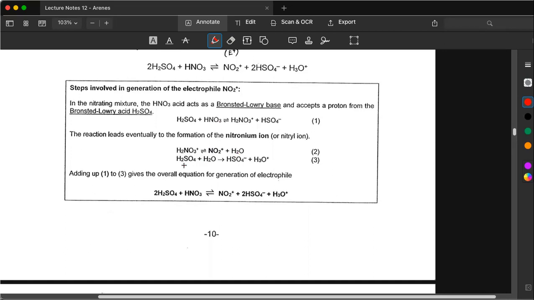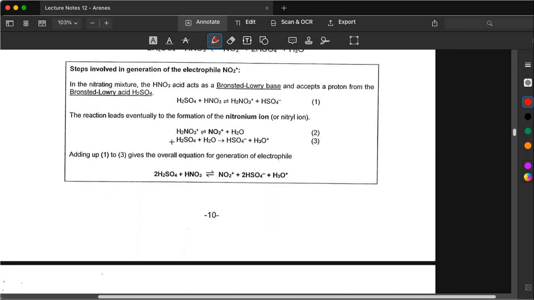As for the H2SO4, it gains the water and forms HSO4 minus and H3O+. So in this reaction, you have the H2SO4 acting as the Bronsted-Lowry acid, and this one is the base. Okay.